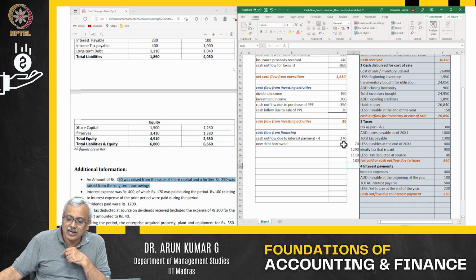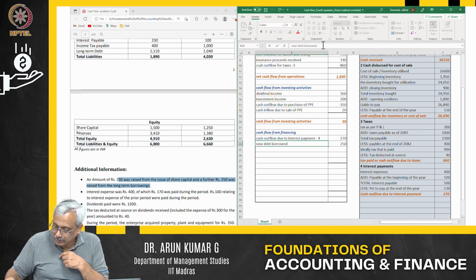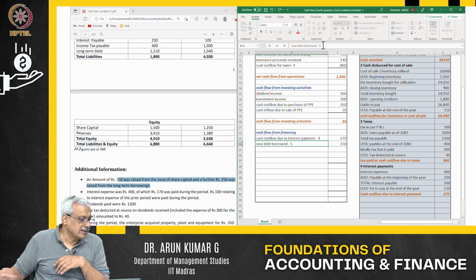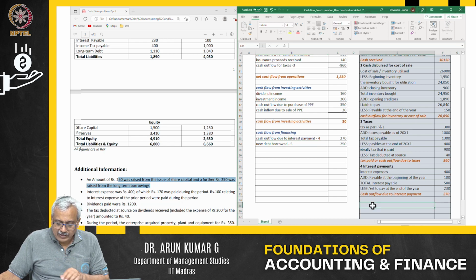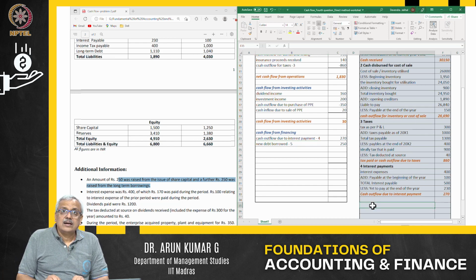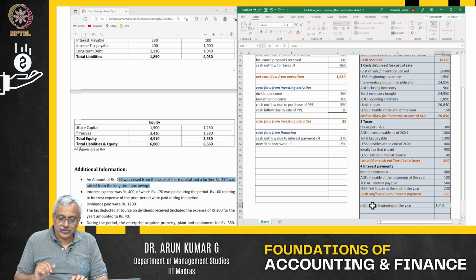So that means this is the amount that I should repay. Let me do this with the help of a working. Let us say new debt borrowed, number 5. Let us get to the debt part of it. Debt at the beginning of the year is 1040. Add new borrowing. How much is the new borrowing? 250.